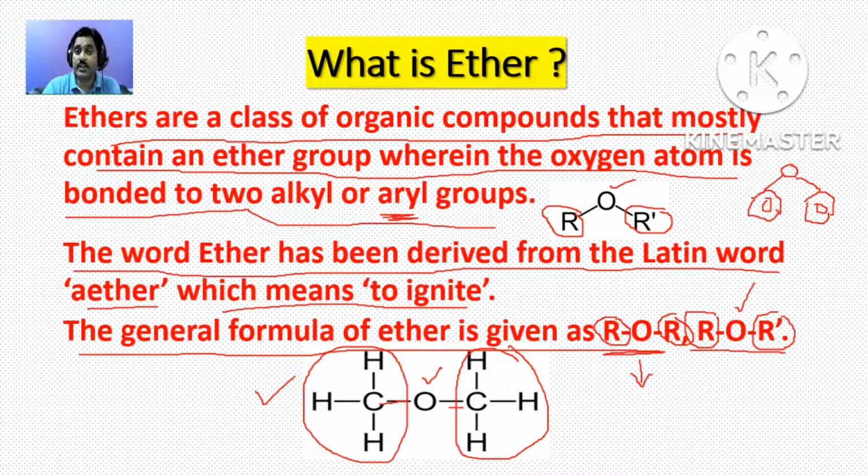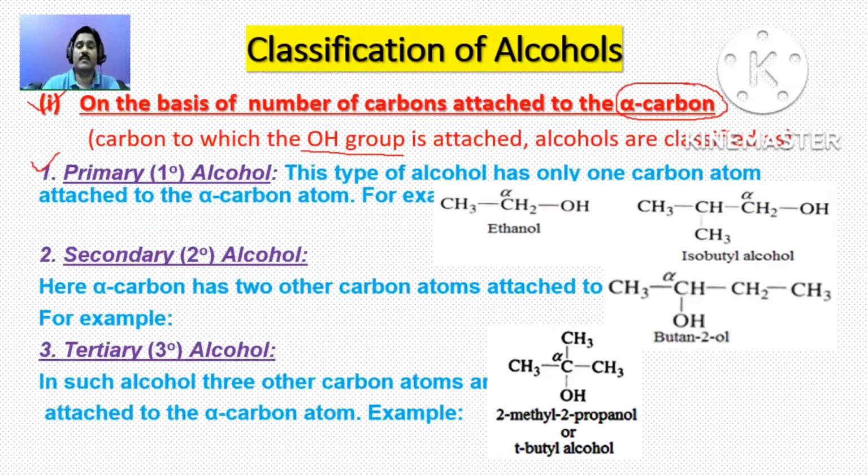That is the introduction about alcohols, phenols and ethers. Now, classification of alcohols on the basis of the number of carbon atoms attached to the alpha carbon.